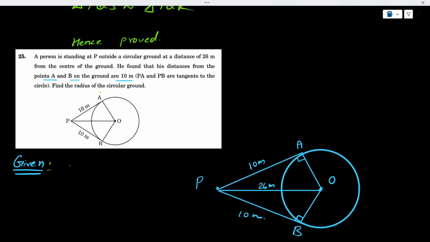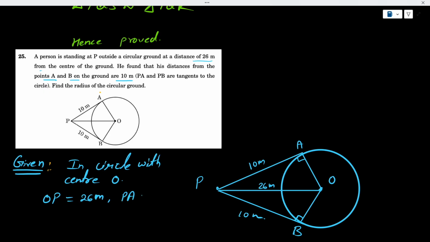So let us start with what is given first. Given: in the circle with center O, OP is the distance from the center. It's written that P is outside the circular ground at a distance of 26 meter from the center, so OP is 26 meter.